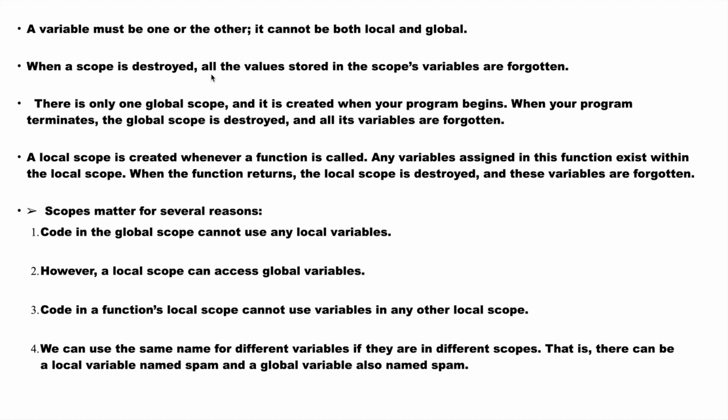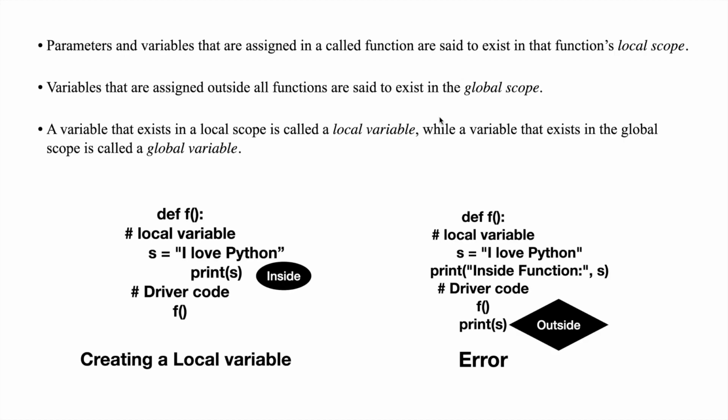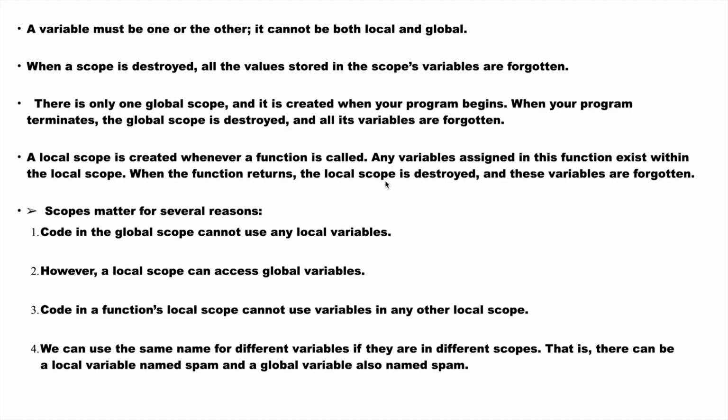When a scope is destroyed, all the values stored in the scope's variables are forgotten. For example, in this case, whatever value is used here for s, whenever it comes out of the function, the value stored in the local variable will be lost. There is only one global scope, and it is created when your program begins.